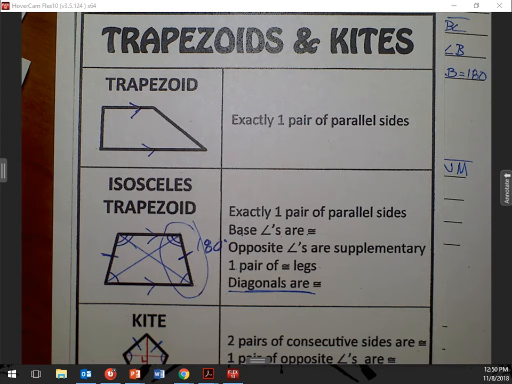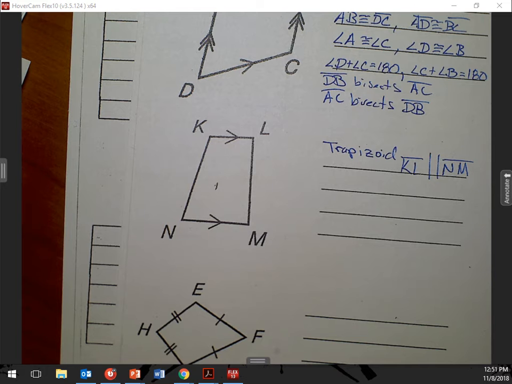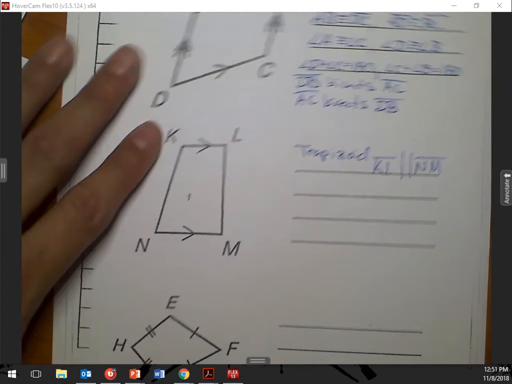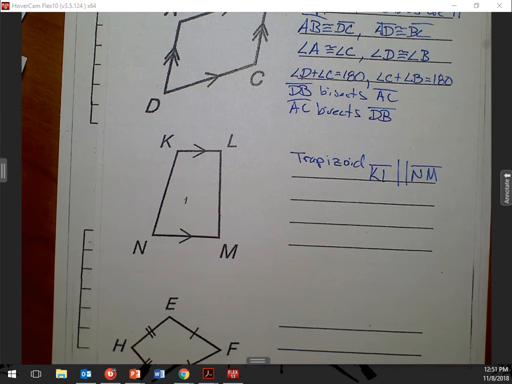Is this going to be a trapezoid or an isosceles trapezoid? Trapezoid. Is it isosceles or regular? What's the difference on isosceles? Does it have the sides congruent? Does it look like these two sides are congruent? No, they're actually not.